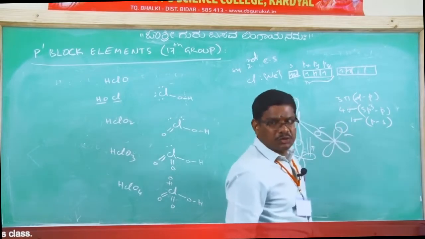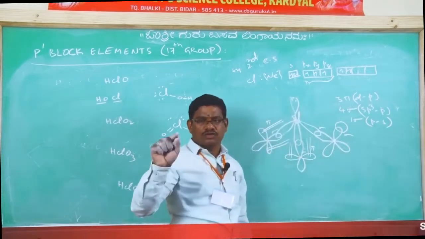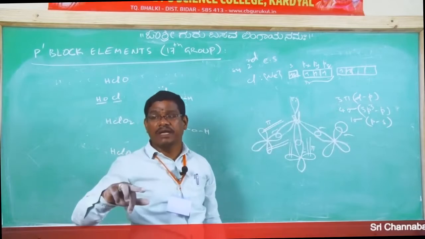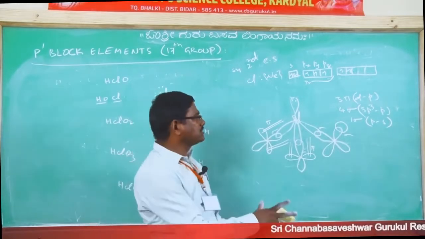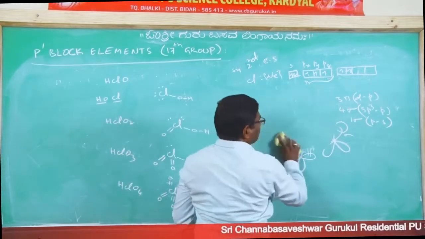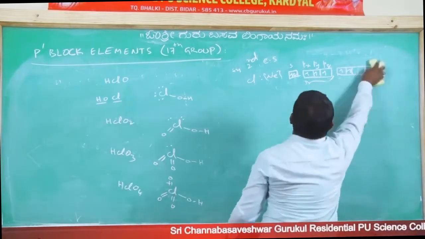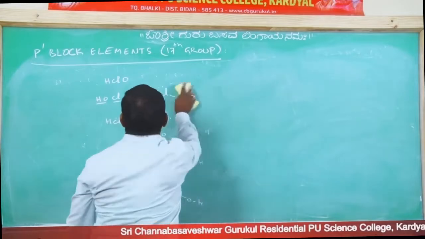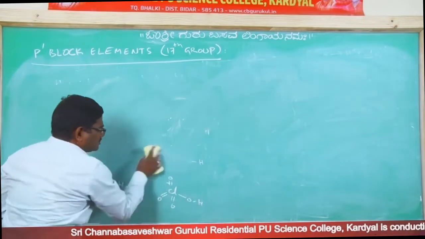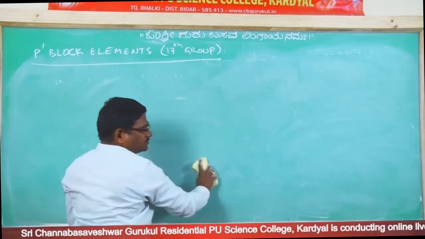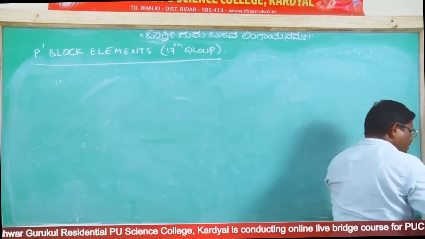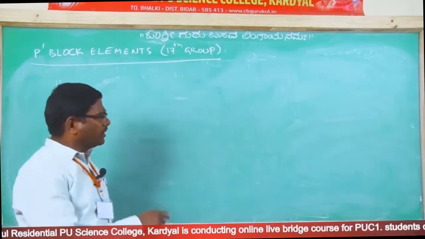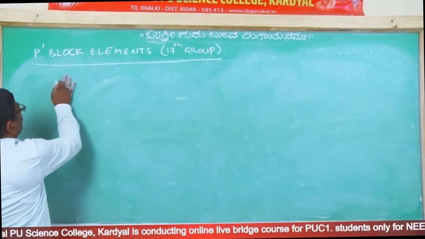Regarding this, they may ask the question, so oxo acid possess how many pi dp bonds. Clear? Just you practice, then definitely you can get clarity. So these are oxo acids of 17th group elements. Clear? And next, the last sub-concept left in this lesson will be interhalogen compounds.